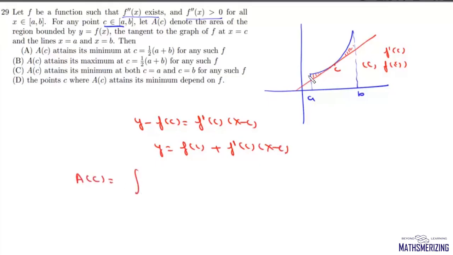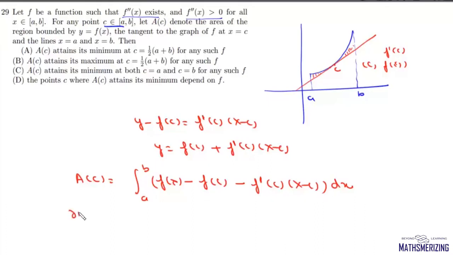It will be the integral from a to b of the upper curve minus the lower curve. The upper curve is y equals f(x) minus the lower curve, which is this y, f(c) plus f dash c (x minus c), dx. Now this integral on the right is a function of c.